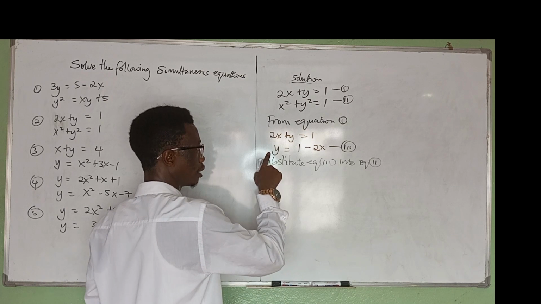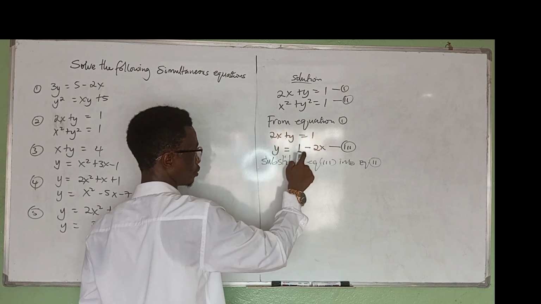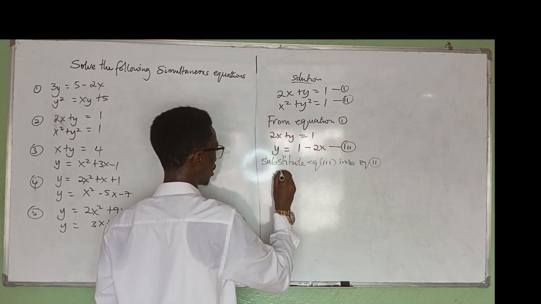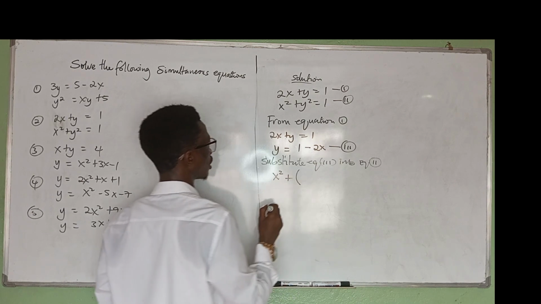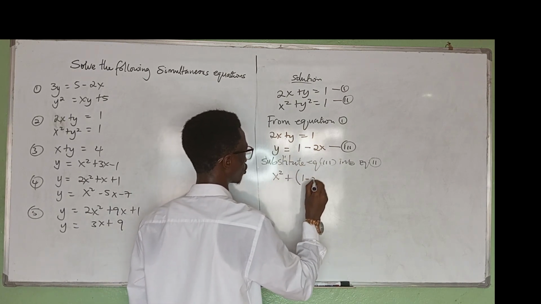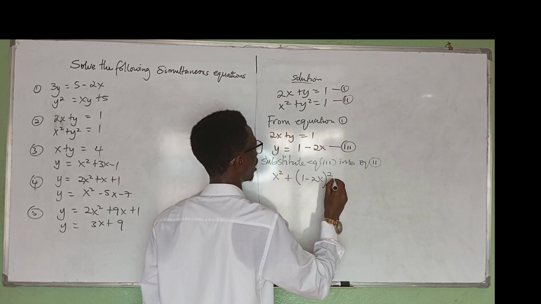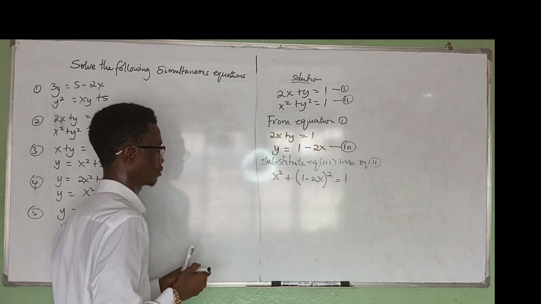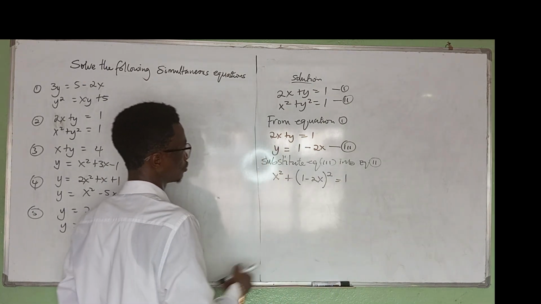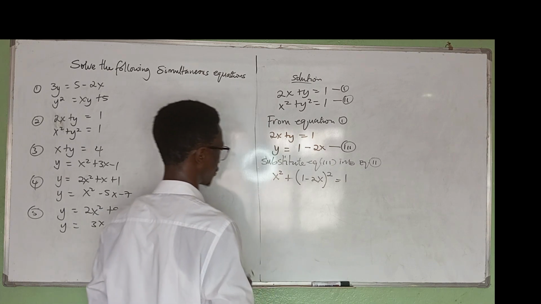Wherever we see y in equation 2, we substitute this one. So we have x squared plus, instead of y, open bracket 1 minus 2x, all squared, equals 1. Now we just need to expand this.